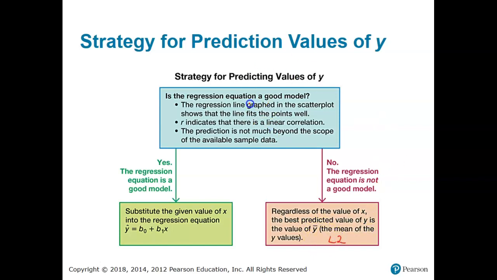So essentially, to summarize this, if you have established that you have a linear correlation through the graph, the R, and the p-value, then you can use the regression equation as a predictor. If you have not established that, then the only prediction you can make is to give the average or the mean of your y's in your table.